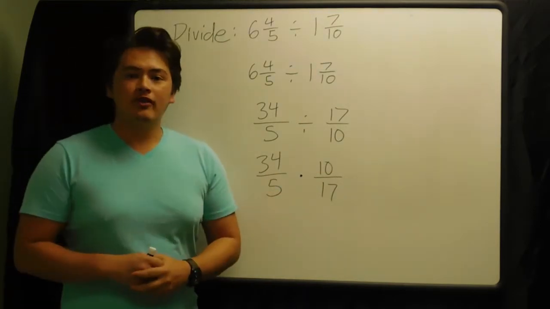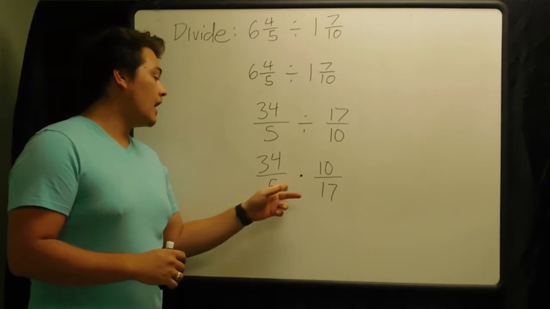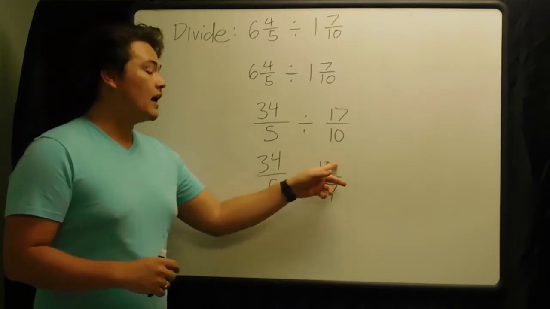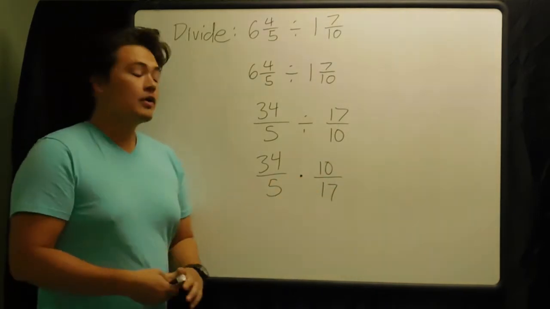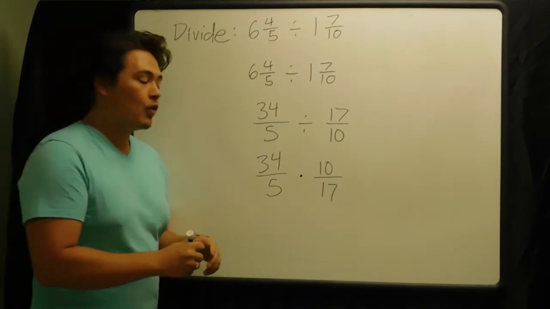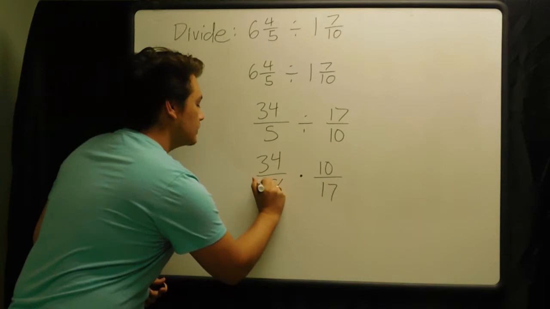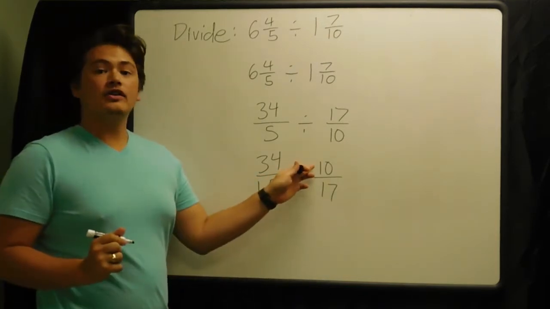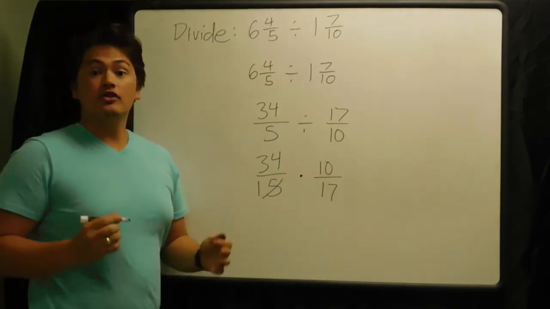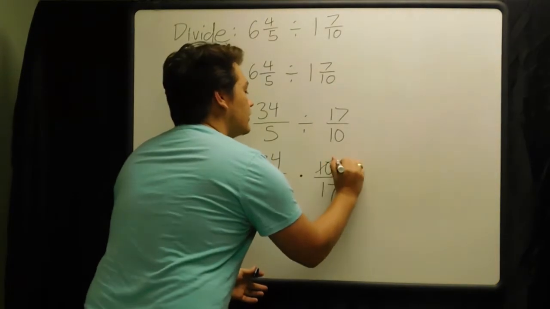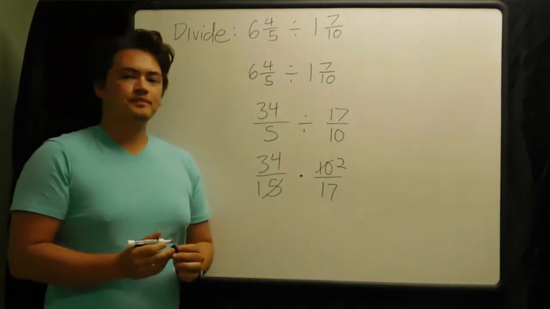What I mean by simplifying further is that 5 can go into 5 and 5 can go into 10. So 5 can go into 5 one time, so I'm going to cross out the 5 and put a 1 here. And 5 can go into 10 how many times? 2 times. So I'm going to cross out the 10 and put a 2.